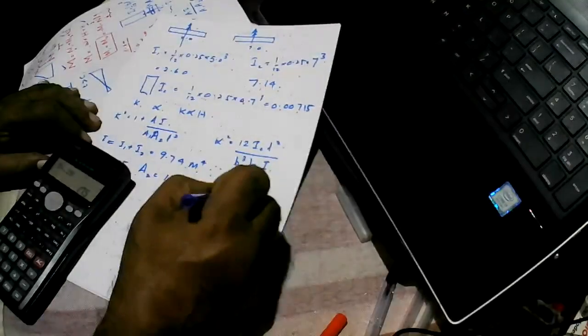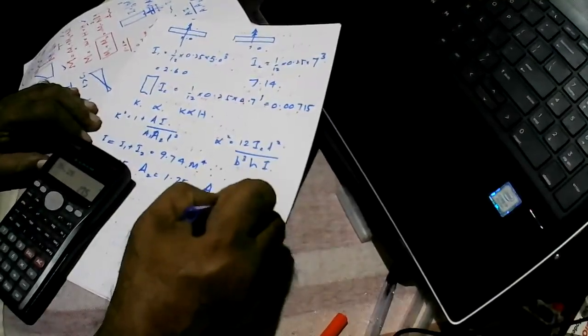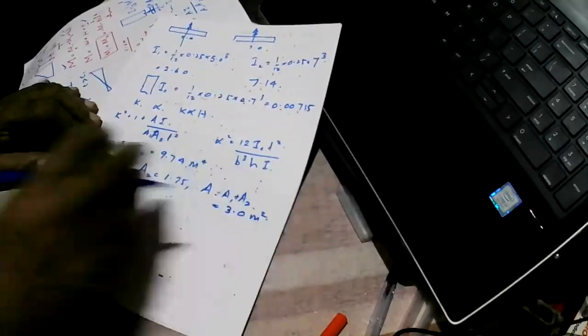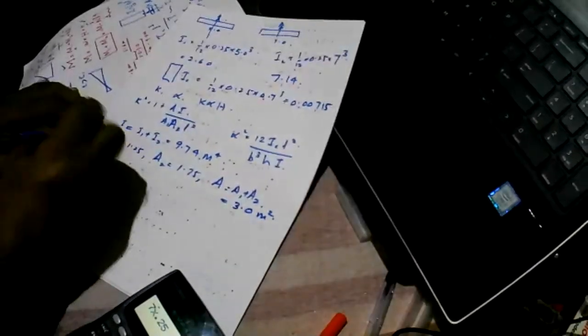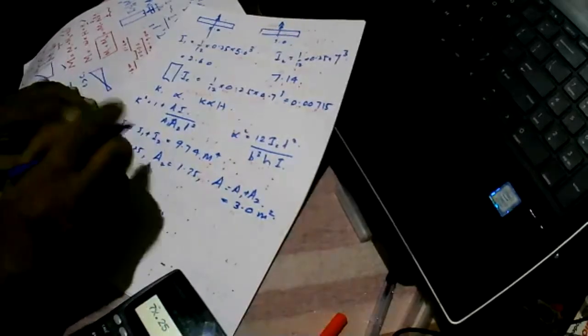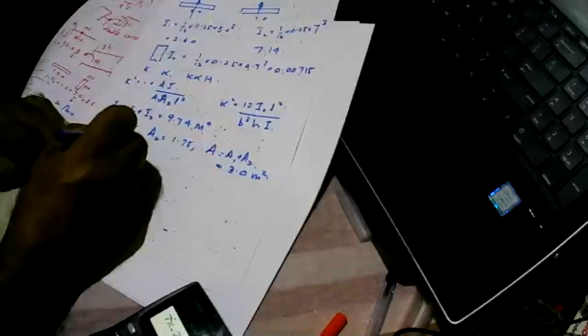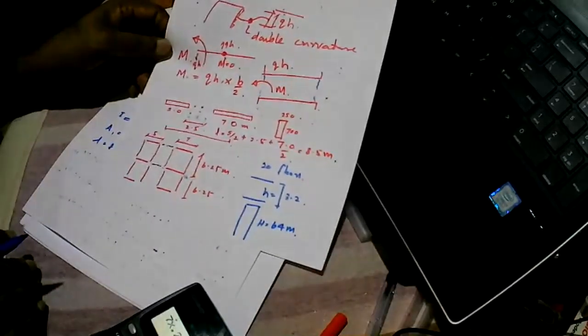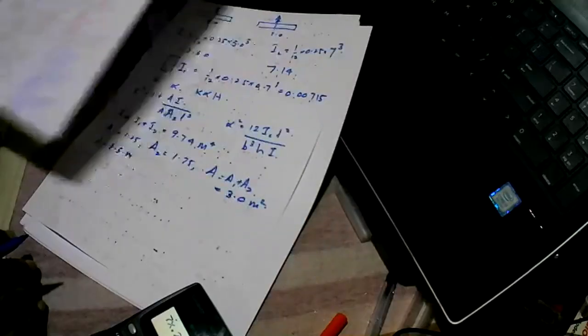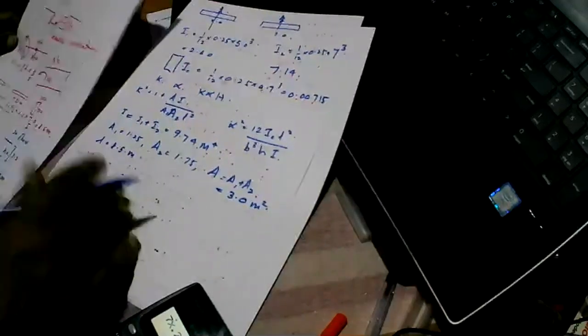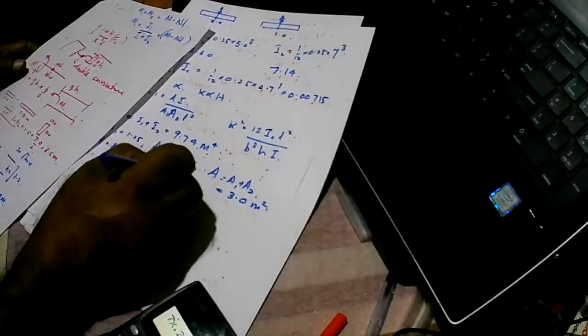Capital A is equal to A1 plus A2, which is 3 meters squared. And L is 8.5 meters, which we found earlier. And B is 2.5 meters.